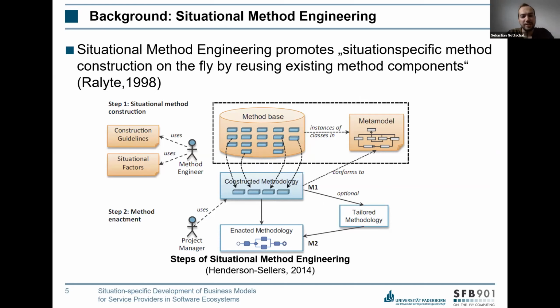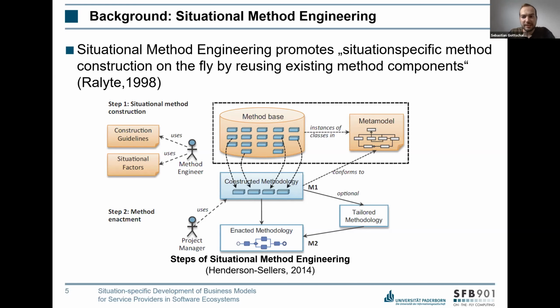And out of both things, he basically constructs some kind of development method and gives that to the project manager. And then the project manager can enact this method to build software with a development process which perfectly fits his own situation, or the situation of the project.